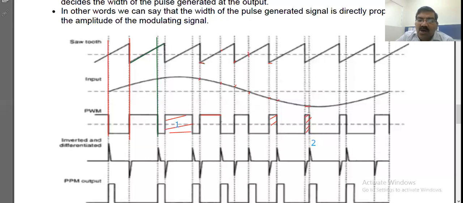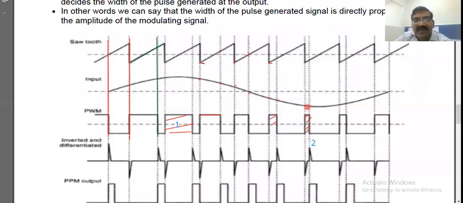Why? Because the instantaneous signal here is negative, so the pulse width is very short. And here the instantaneous signal is positive, so the pulse width is very broad. So based on the amplitude of the signal, the width of the pulse is determined. The higher the amplitude, the greater the width of the pulse.